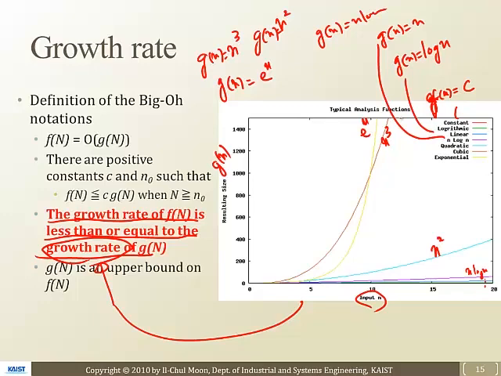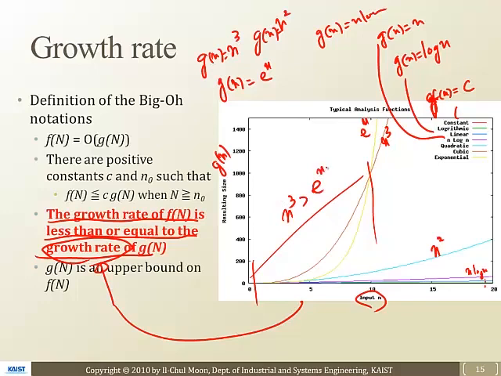What you can see is that for a certain period, n cubed is bigger than exponential n.